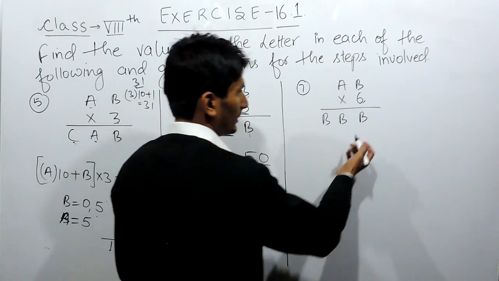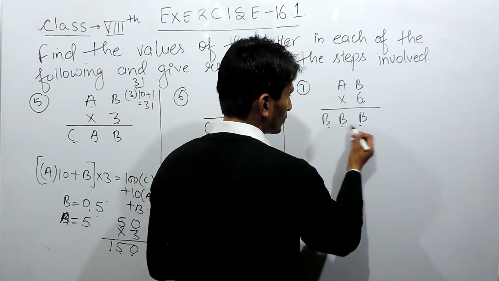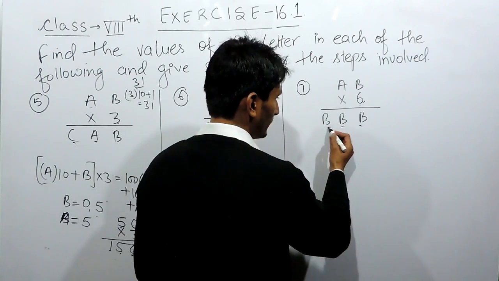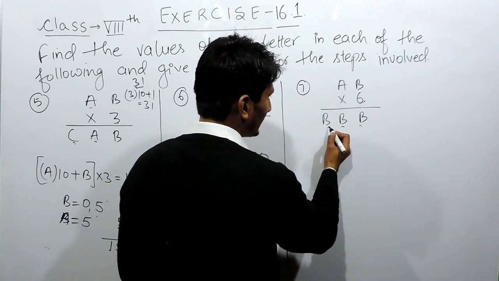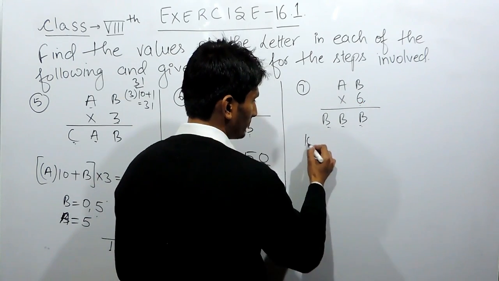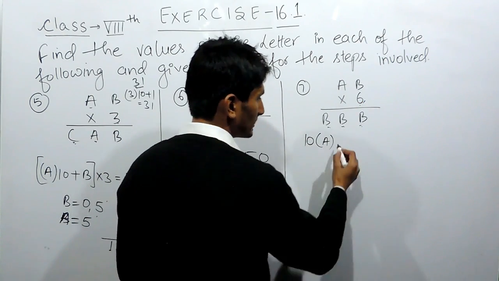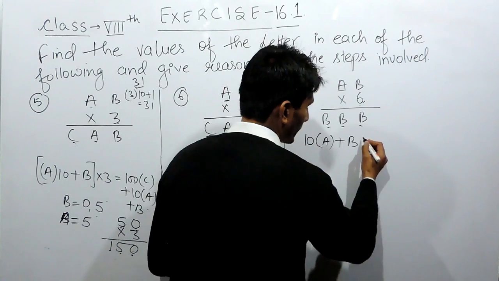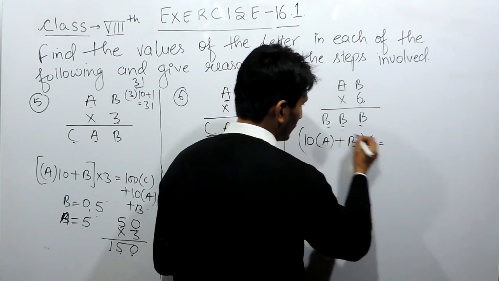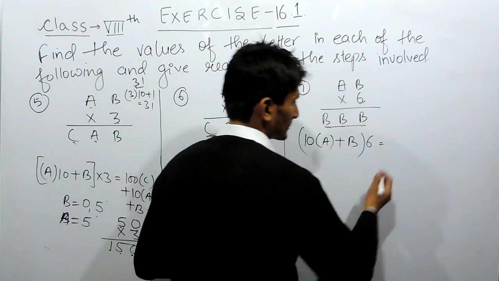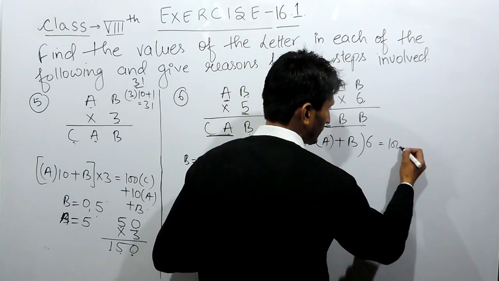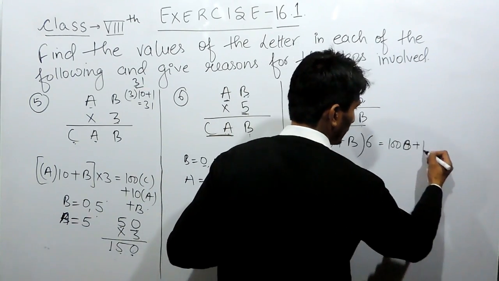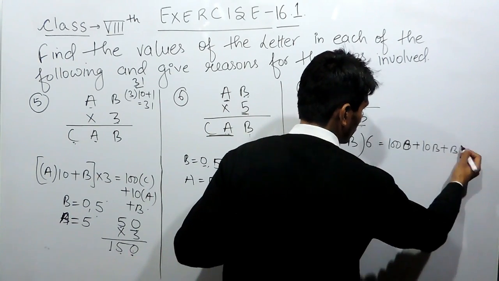In this case also, because here there are 3 digits of the same character, let's form the equation first. How is this 2-digit number formed? We multiply the tens place digit by 10 and add the unit place digit, and this is multiplied by 6. The result is the same 3 characters, meaning this must be 100b plus 10b plus b.